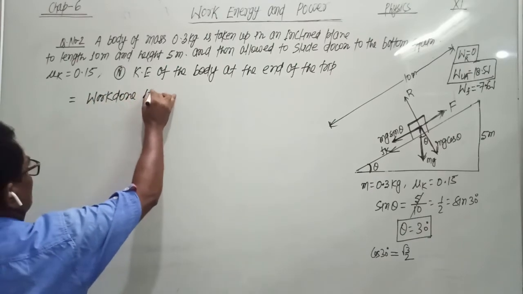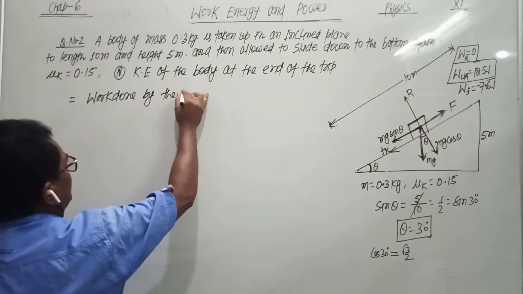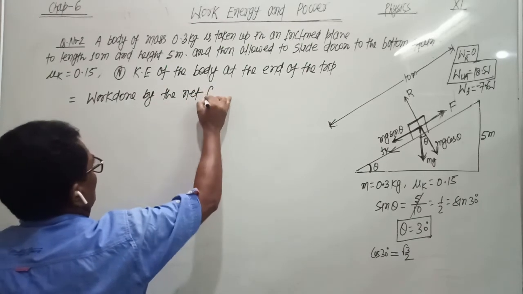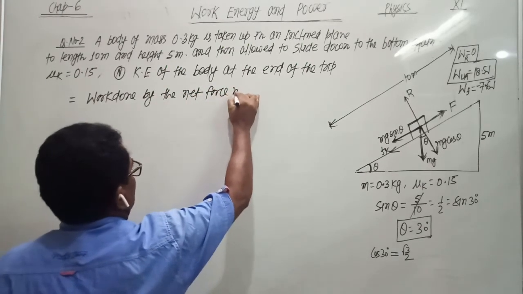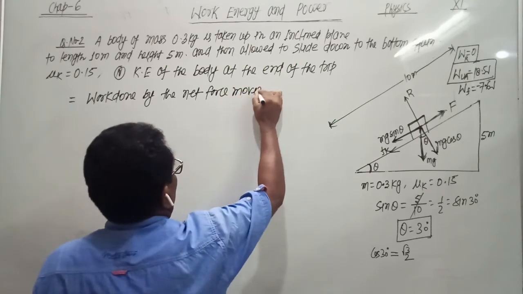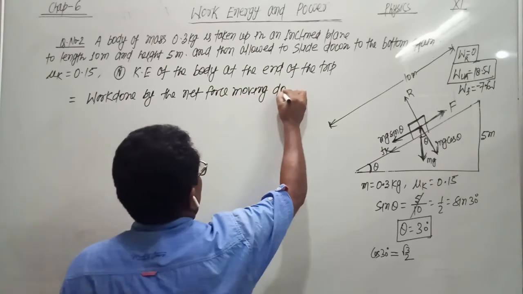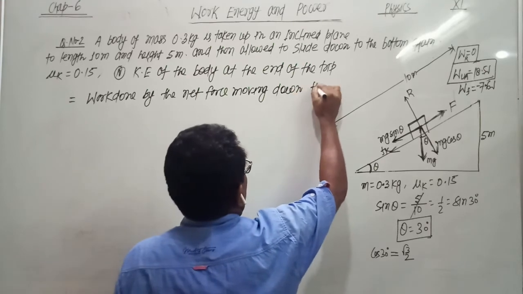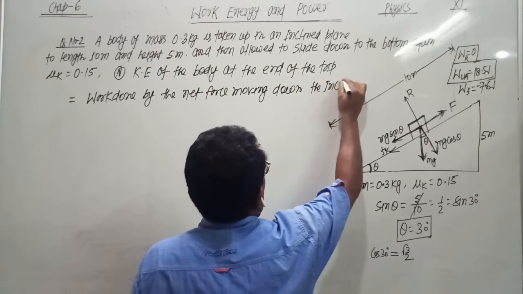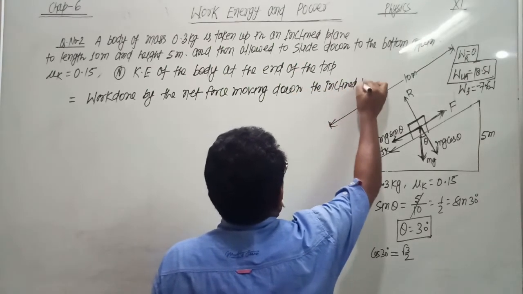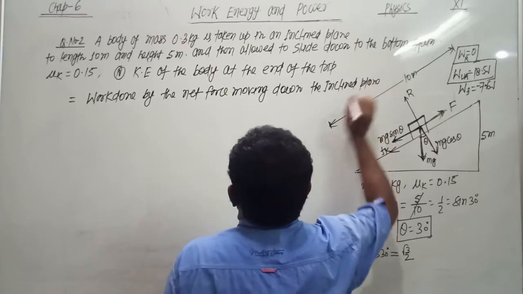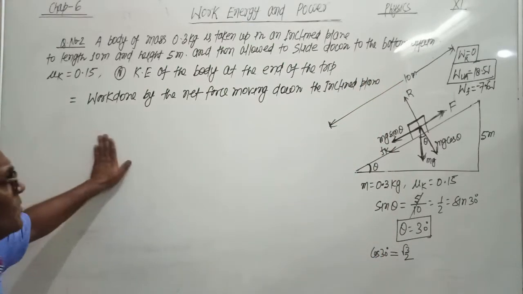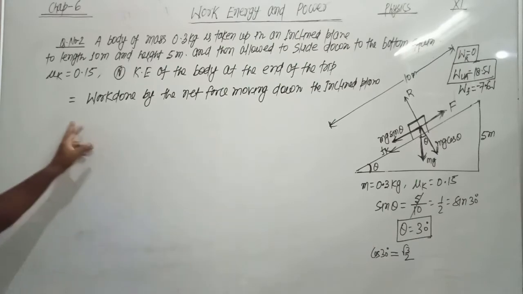So the kinetic energy of the body at the end of the trip must be equal to the work done by the net force moving down the inclined plane.